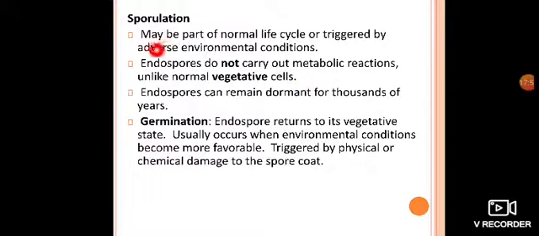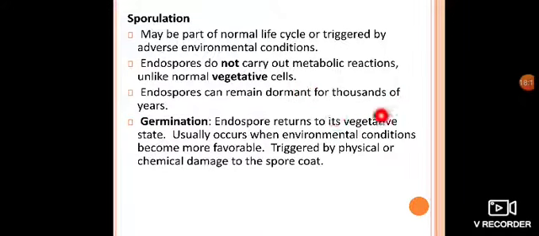This is a property of the endospore. Normal cells carry out all the reproductive and metabolic processes, but endospores never carry out those vegetative processes. Then endospores can remain dormant for thousands of years.